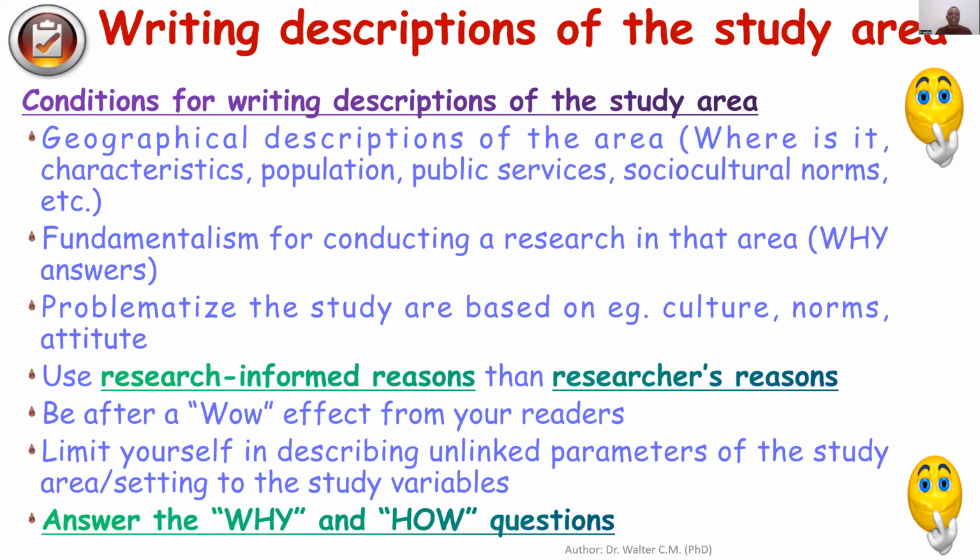Here I've provided an example, a paragraph which has been written to describe the study area. And then it's for you and me to find it and maybe critique it, analyze it, evaluate it. Does it fit the characteristics of a paragraph on a study area or study setting?